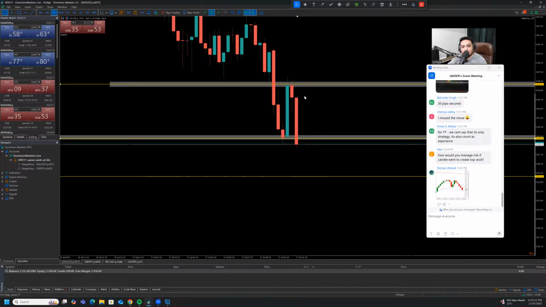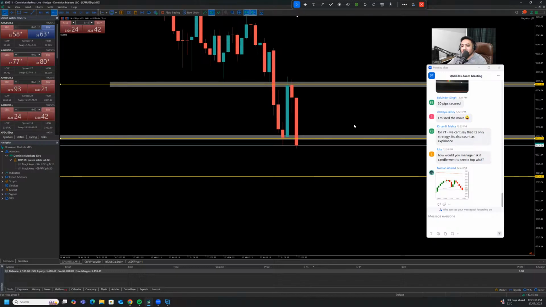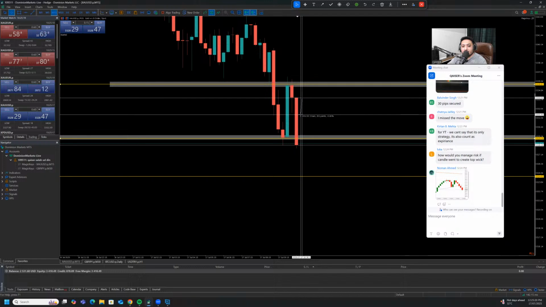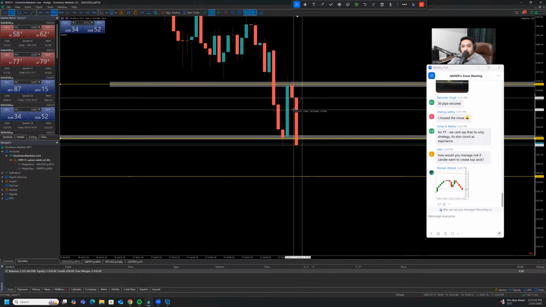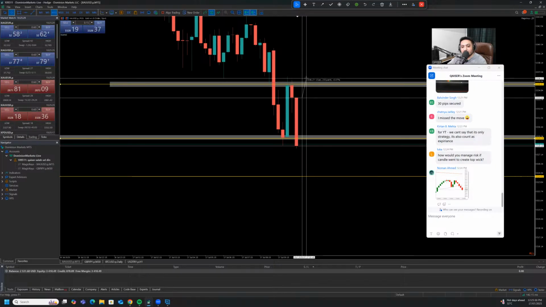But in this situation, if the market went in my favor, suppose 10 or 12 pips, and then it came back and broke its own high, then I would close 50% of the position there and leave the rest with the stop loss. This is what I can do.